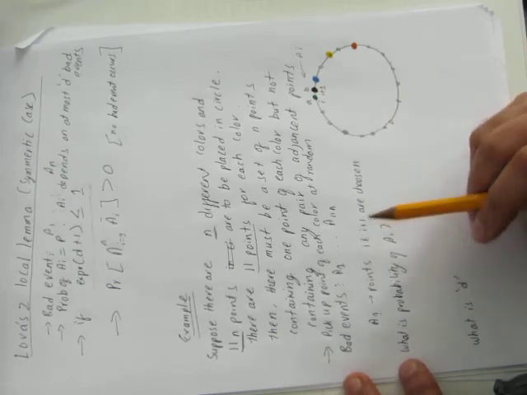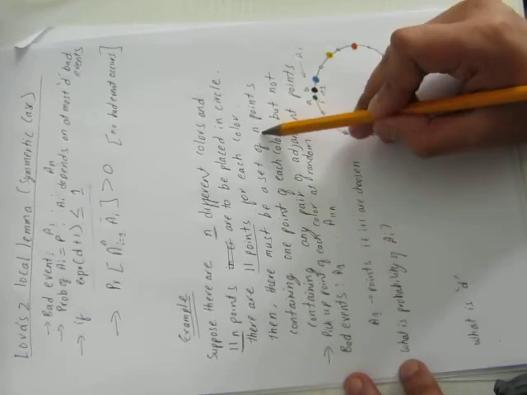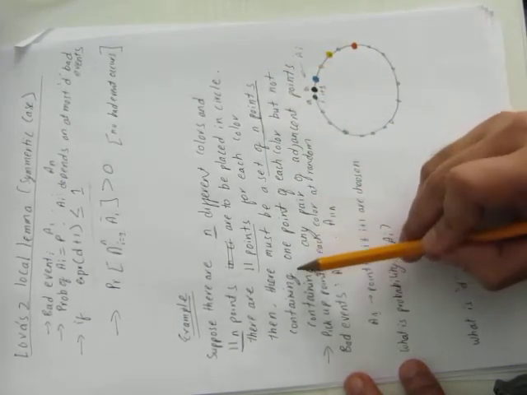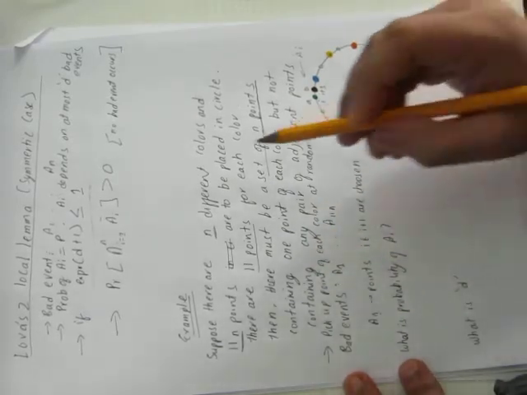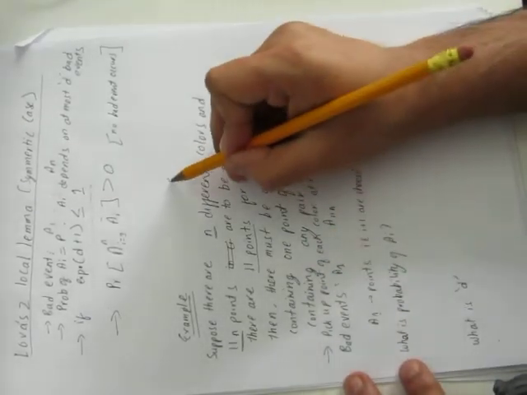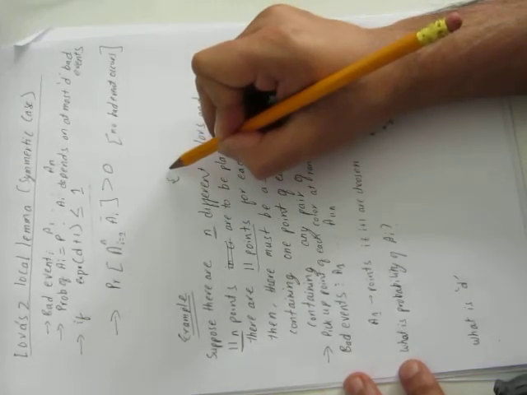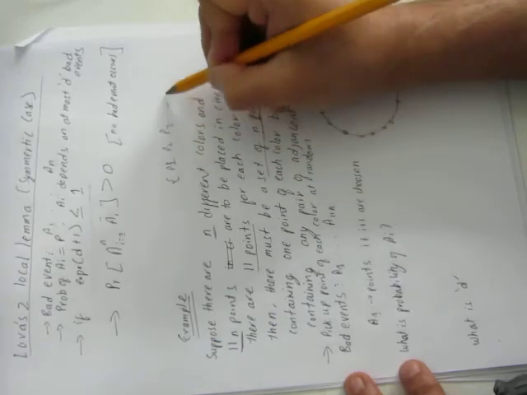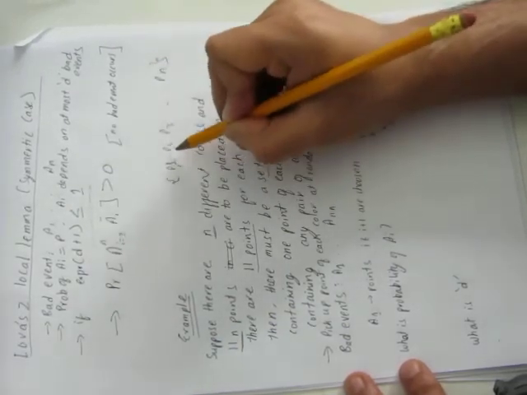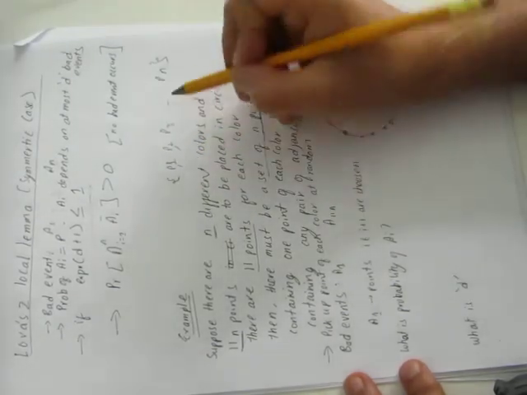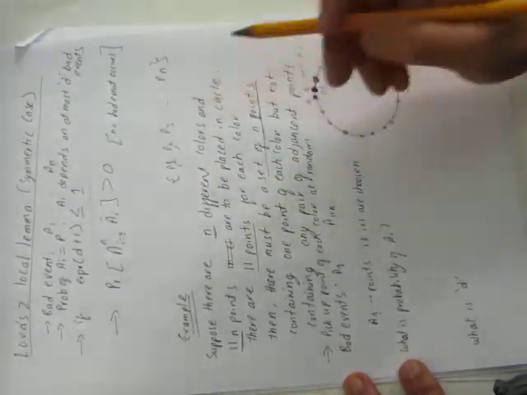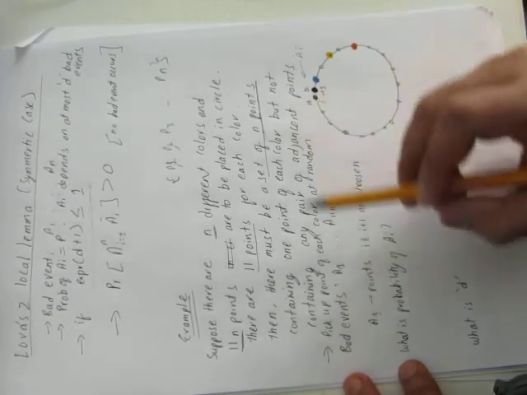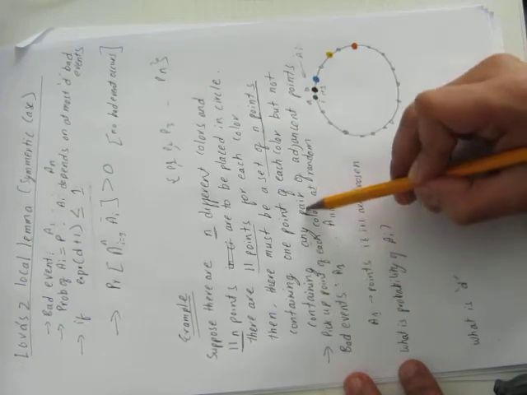Then what we have to show is there must be a set of n points containing 1 point from each color. So in that set, let's say it's points P1, P2, P3 to Pn. Each of these points should be of a different color, and the next condition is there should not be a pair of adjacent points.